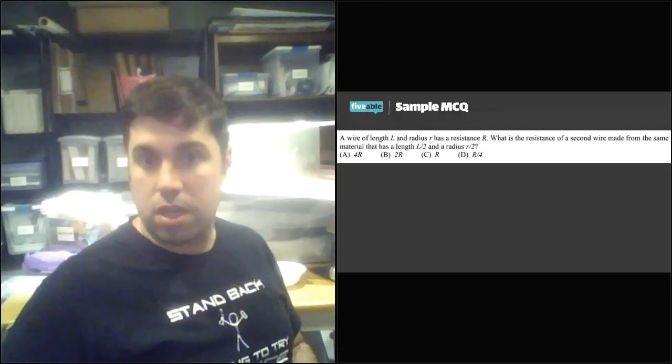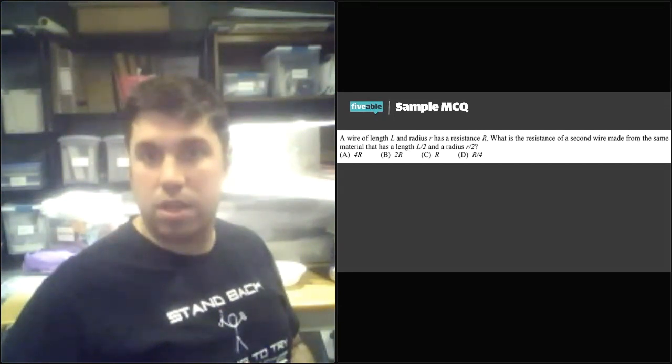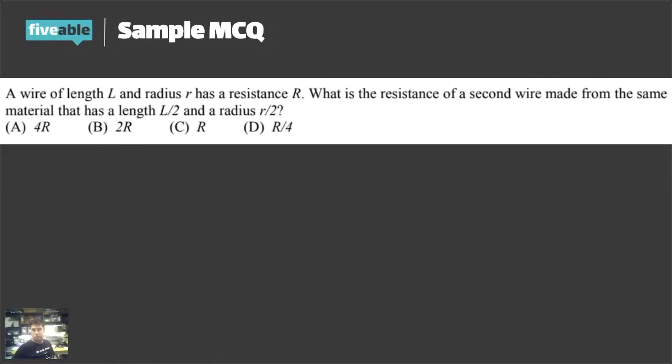Okay. All right. So let's go back to this one. All right. Question number 2. A wire has length L and radius R, has a resistance of R, little r, big R. We take a second wire made from the same material that has a different length and a different radius. Okay, this is where we are getting a little bit more confused in here just with terminology.